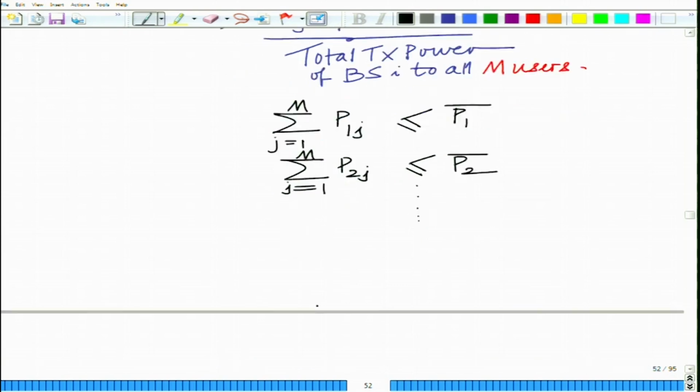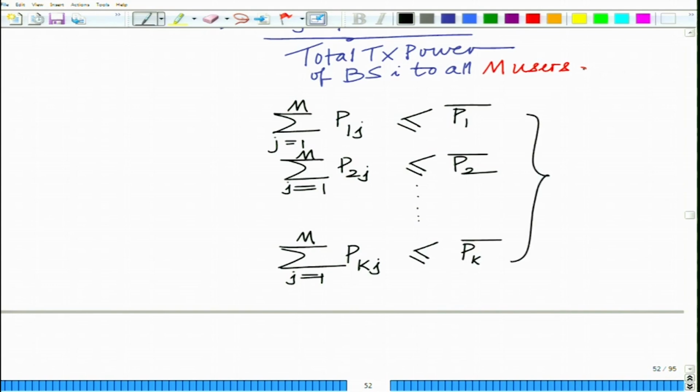So on and so forth, you can write k constraints, one for each base station, the summation over j equal to 1 to M of P k j less than or equal to P k bar. These are k power constraints.